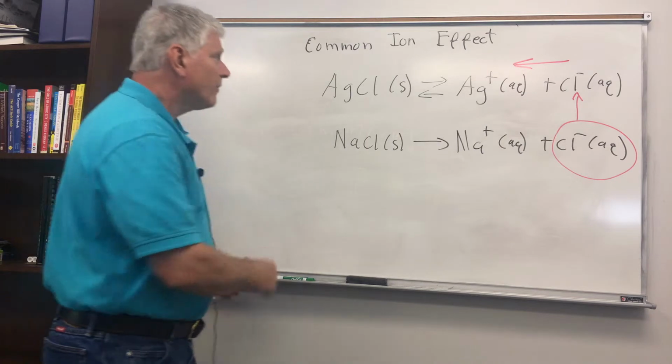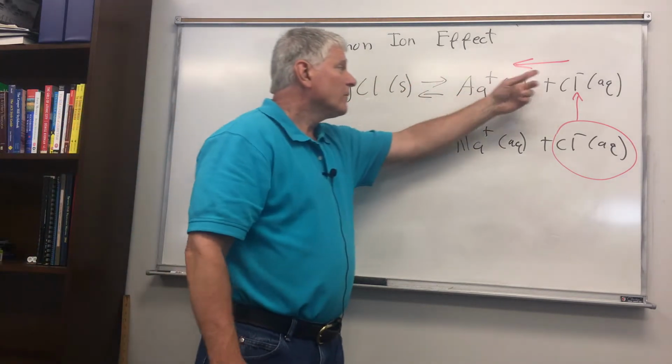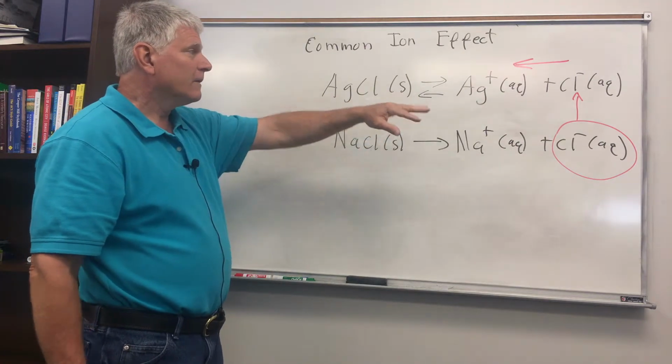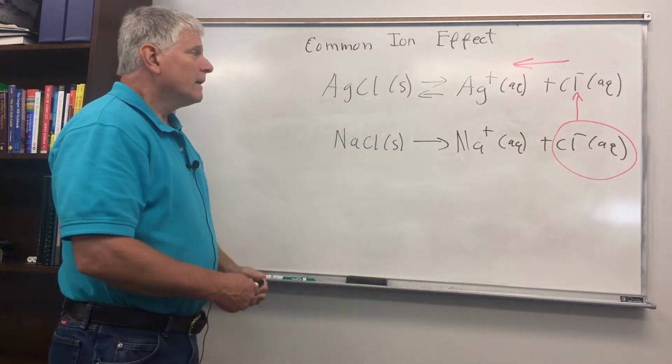So we can determine the equilibrium concentrations of silver and chloride using the equilibrium and the concentration of chloride coming from silver chloride.